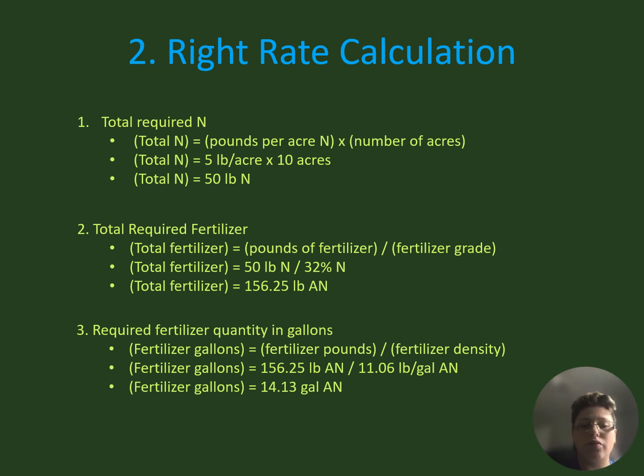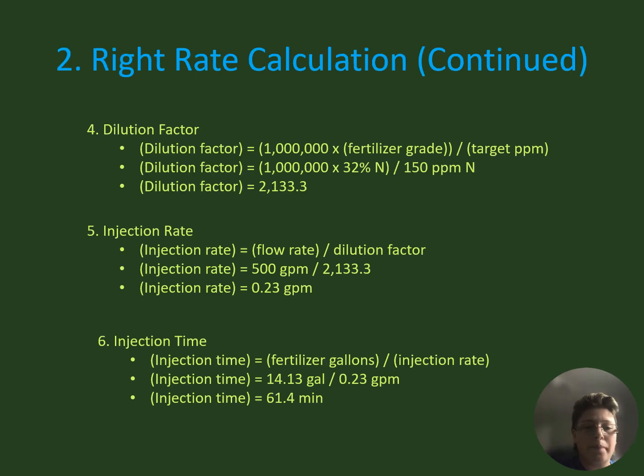Step 3, figure out the required fertilizer quantity in gallons for your crop's demand. To continue, your step 4 would be to figure out the dilution factor using this calculation. Step 5, you would determine the injection rate. And then step 6, you would figure out the injection time. And with all that, you should figure out your right rate calculation and be able to move forward to the next step.